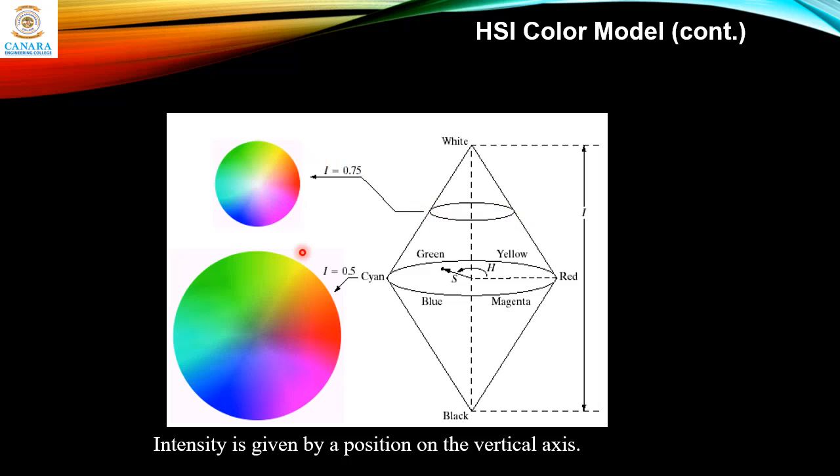So the colors that we can create depend on the intensity. If you keep it at the optimum level, you will get maximum color representation. As you increase or decrease it, you will get fewer colors generated.